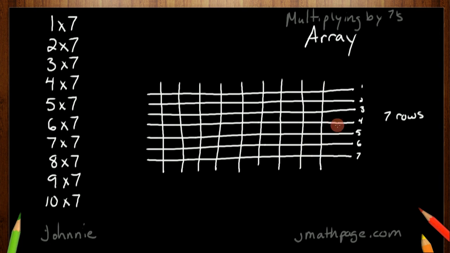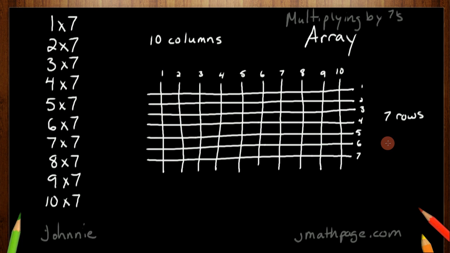You know where I'm going to stop, right? 10. So here we have 1, 2, 3, 4, 5, 6, 7, 8, 9, 10 columns. So our array is built up of 10 columns going down and 7 rows going across.